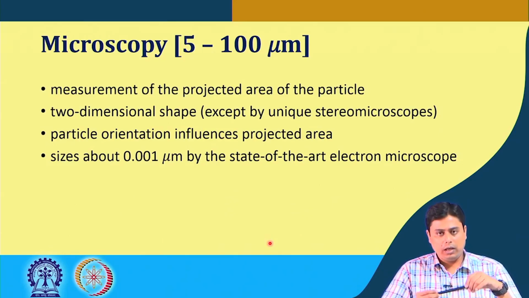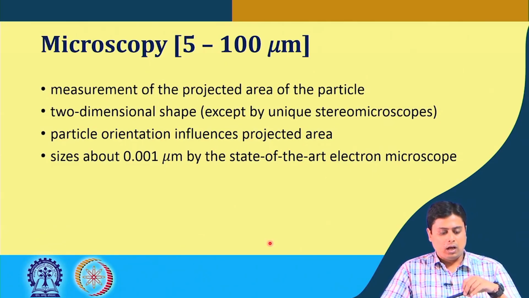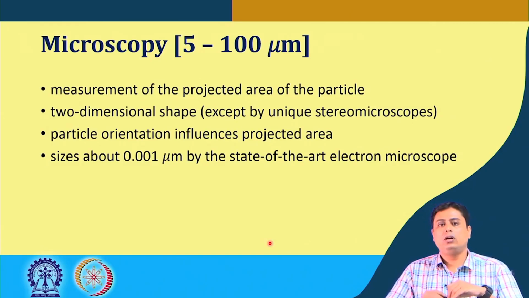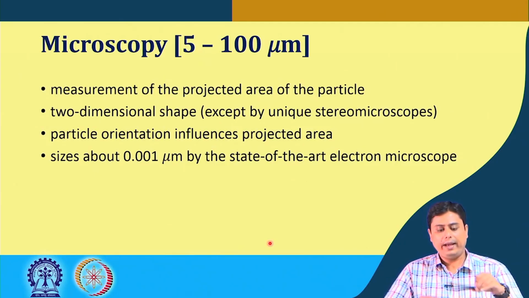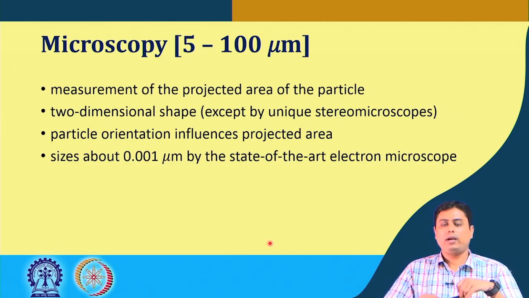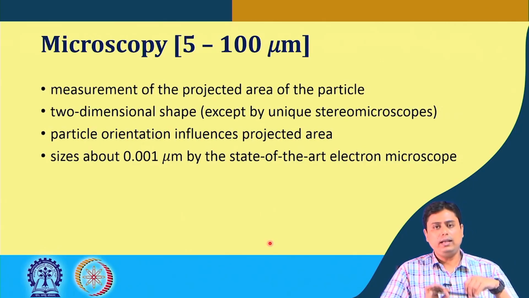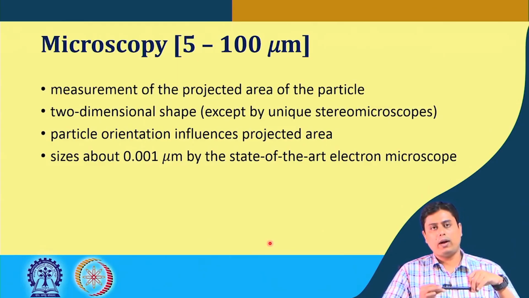Sometimes you can do it in a random orientation to get an average diameter of a single irregular particle. By this method, sizes down to 0.001 micron can be achieved, although in the heading I have mentioned that this technique is typically applied for 5 to 100 micron particles by a simple optical microscope. But if you have a state-of-the-art electron microscope, you can achieve very finer particle sizes, almost in the range of 0.001 micron, or let us say 1 nanometer size particles.